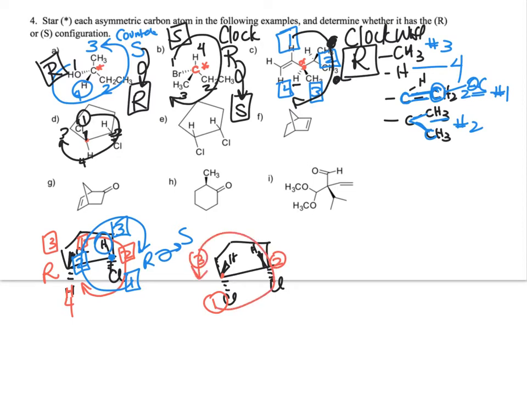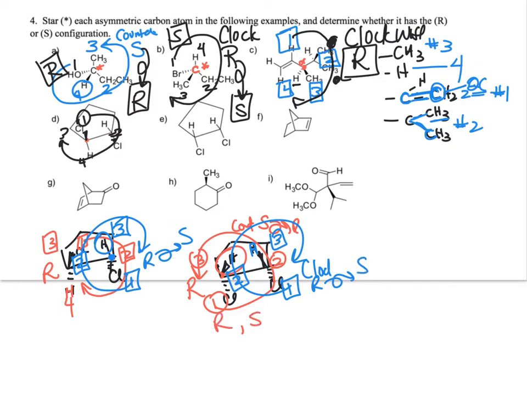So we call that counterclockwise. Counterclockwise is S. The S has to go to R because of your hydrogen, so this one's R. And then you come over here. This chlorine's 1. This one group's 2. This group's 3. Connect the dots. That's R because it's clockwise. But your hydrogen is coming at you, so R goes to S. So this one's R and S.